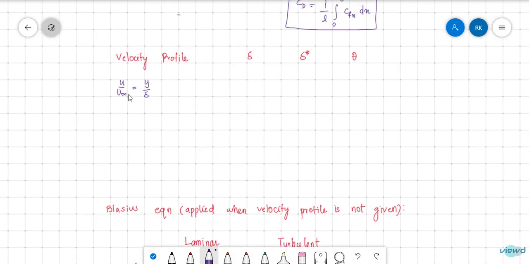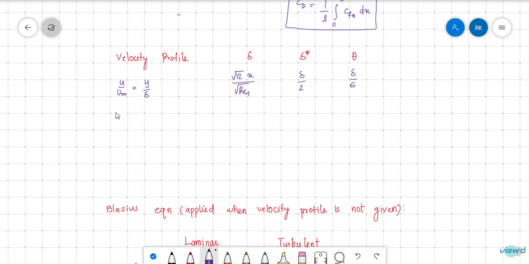So if the velocity profile is u by u infinity is equal to y by delta, then delta is root 12 into x divided by Reynolds number at any position x. Then what is this delta star? Displacement thickness. Displacement thickness is delta by 2. Then momentum thickness is delta by 6.